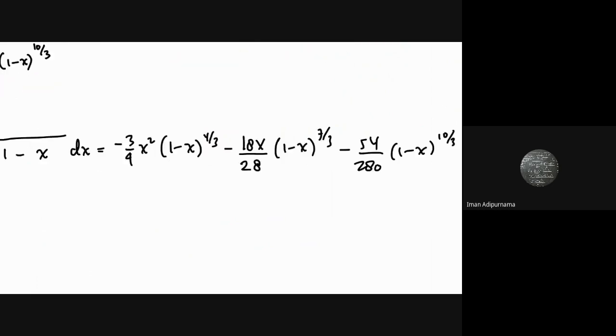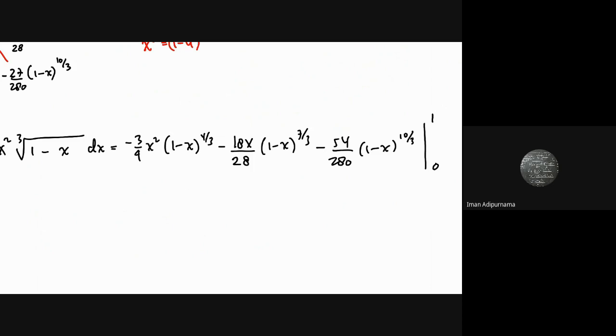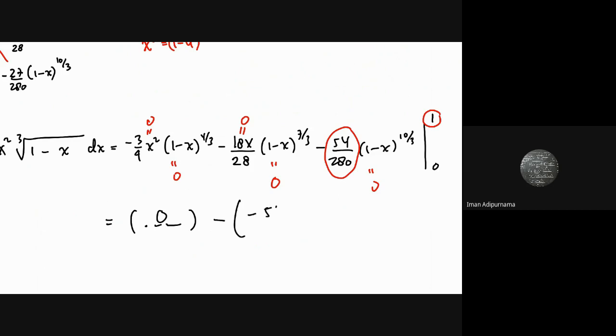Evaluate from 0 to 1. If we evaluate at 1, this will be 0. This will be 0. All will be 0, right? If we evaluate at 0, this is 0, this is 0, and we have just this left. So we will have 0 here minus this, minus 54 over 280. So we'll have 54 over 280, or we can simplify, it becomes 1 over 5?